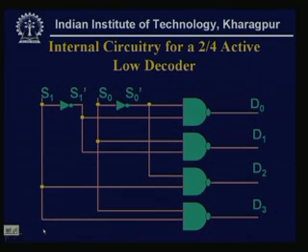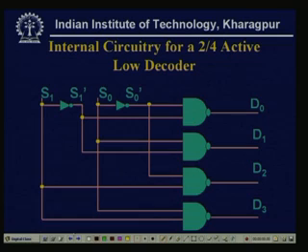See, for this, S1 bar S0 bar, here we have given S0 bar S1 bar, and simply in either case D0 is complemented, because it was active low, that means for the active high case a 1 was generated, and now this 1 becomes 0. So, it is complemented.